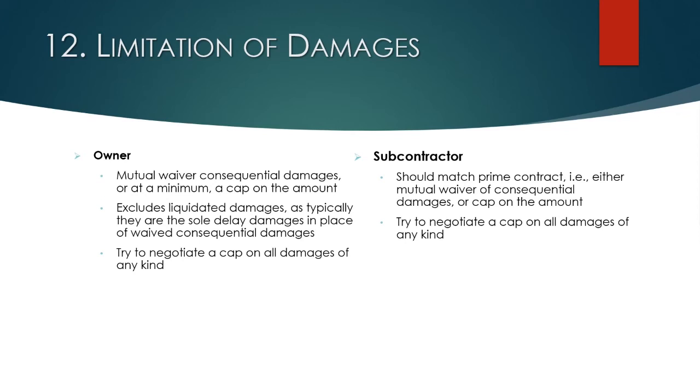Because of that, you try to have a mutual waiver of consequential damages in your prime contract, or if not, a cap on that amount, meaning a monetary limitation on what those damages could be. Similarly, you'd like to have an exclusion as it relates to liquidated damages.